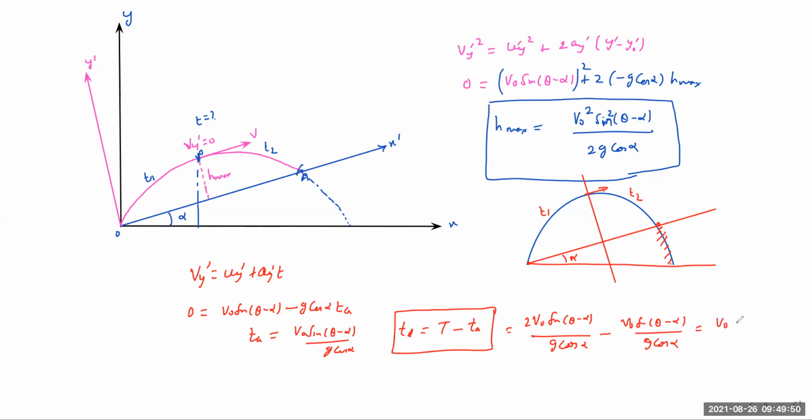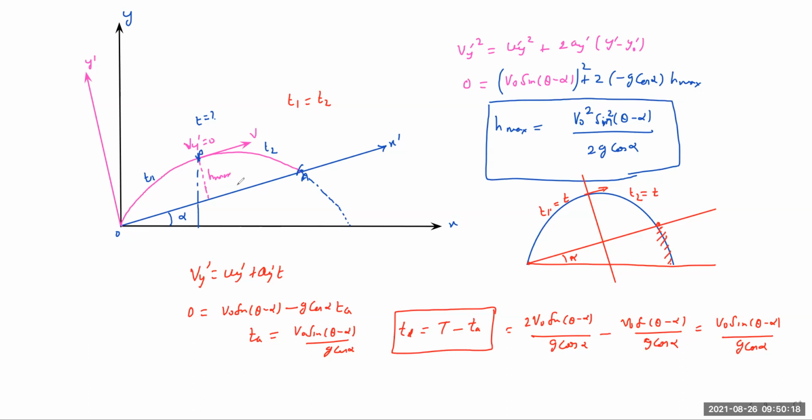So the time of ascent is the same as the time of descent, although there is no symmetry of shape. So T1 equals T2, but is it symmetrical?